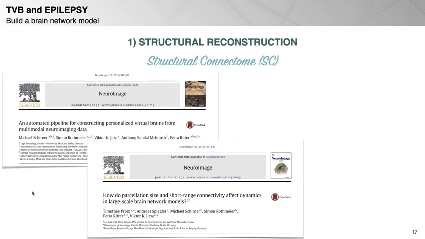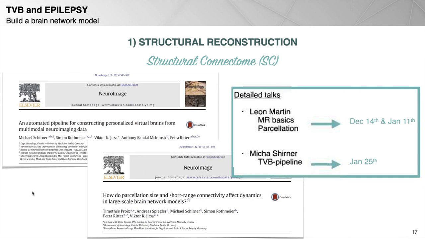So I won't go into details because you will have 3 talks. Leon Martin will introduce the basics for the MR imaging, as well as for the parcellations, and Misha will present the pipeline to extract and reconstruct the structural connectome specific for TVB.